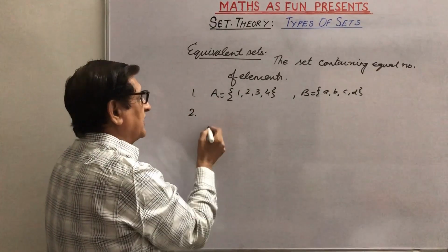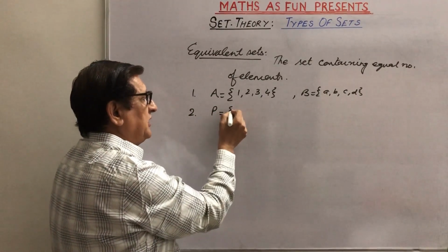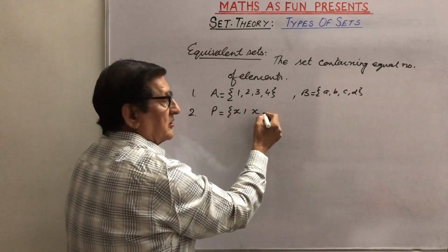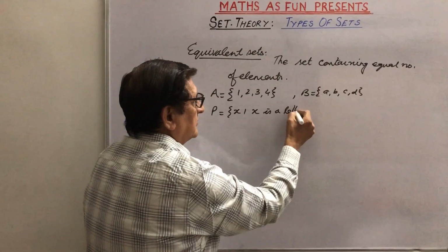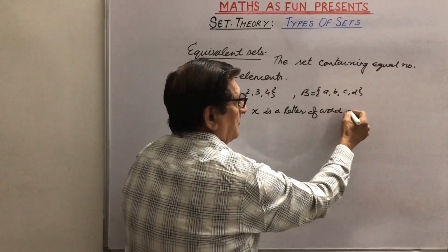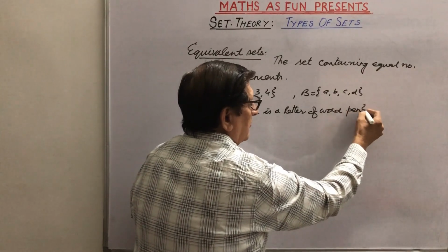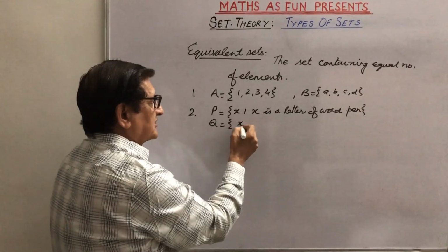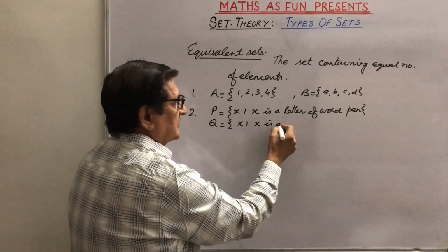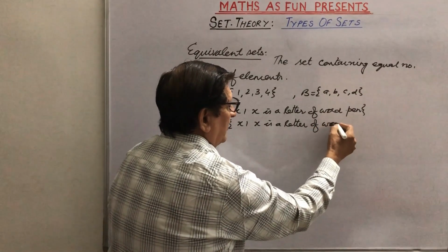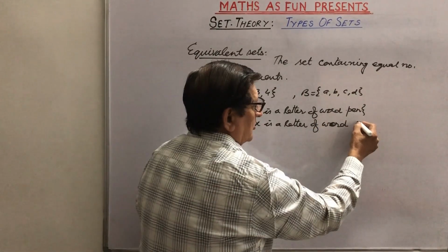Second example we may have, suppose we have a set P, x such that x is a letter of word pen. Another we have Q, x such that x is a letter of word cool.